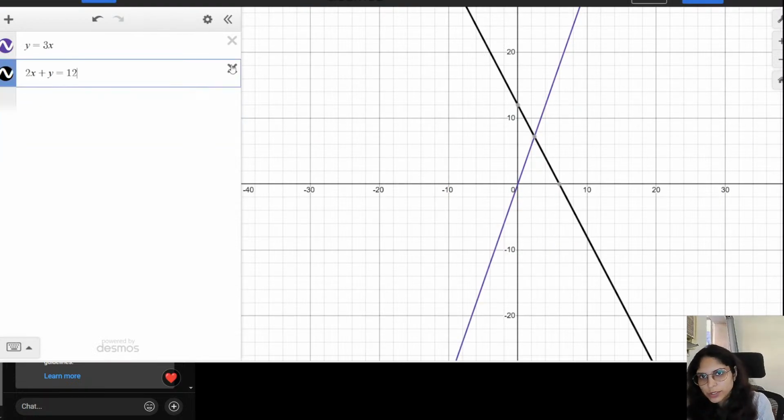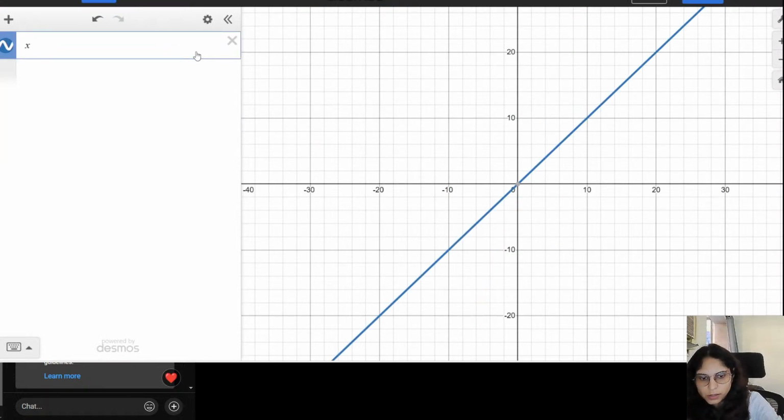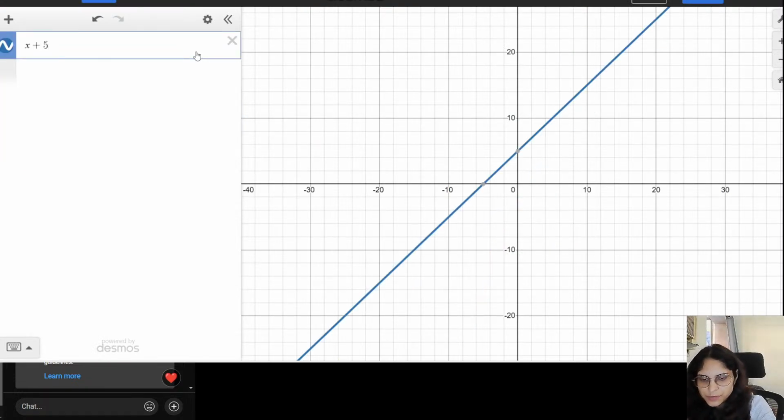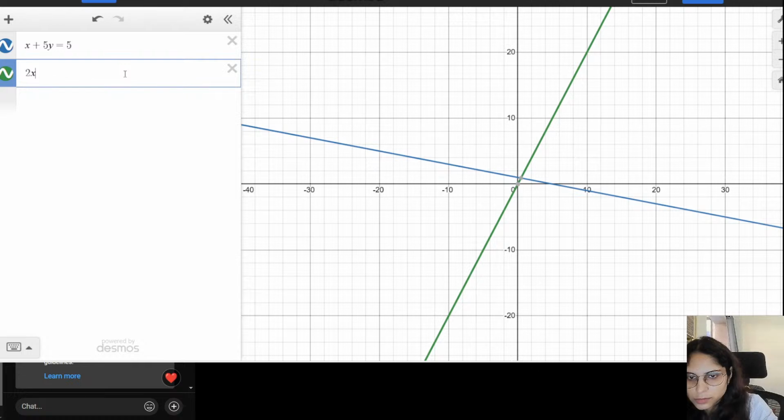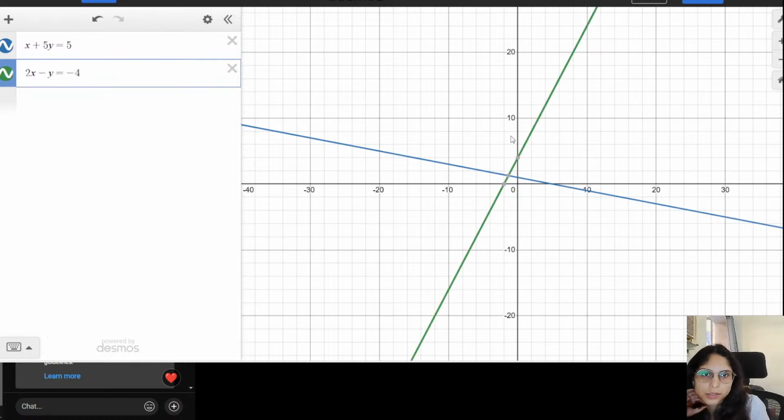In Desmos, how could we have done it? x plus 5y equals 5. 2x minus y equals negative 4. So you see there's an increasing line, there's a decreasing line, and it's meeting in the second quadrant.